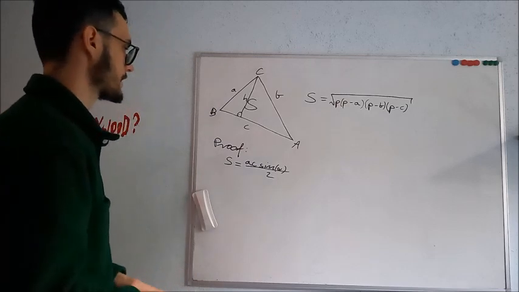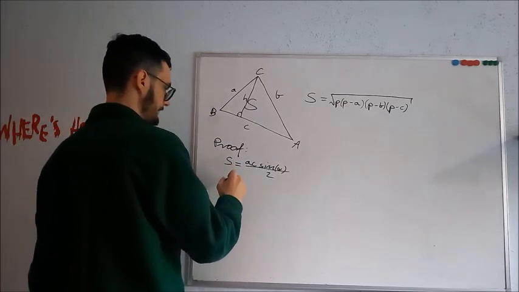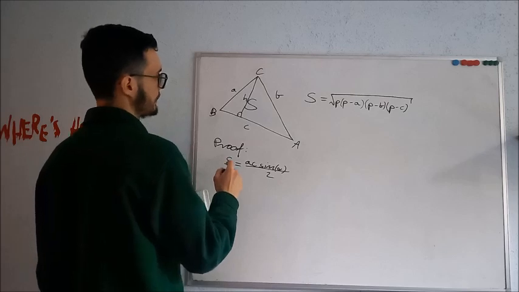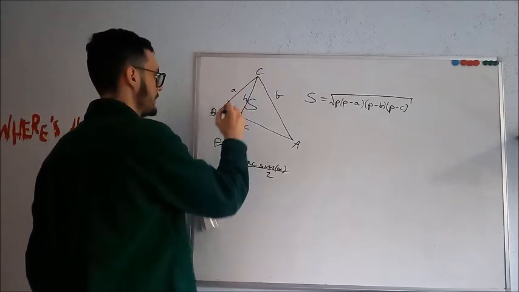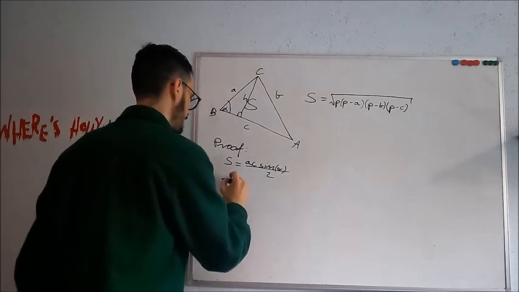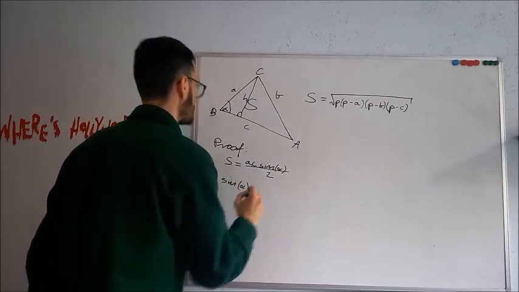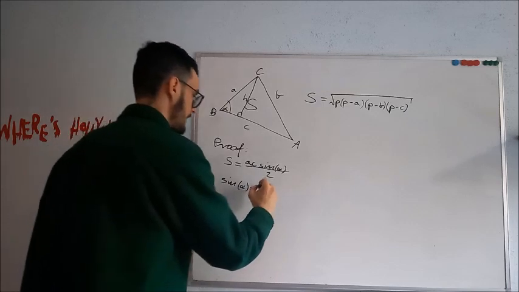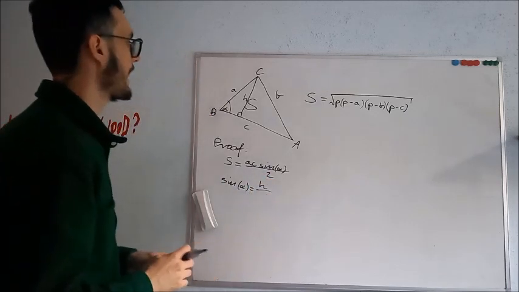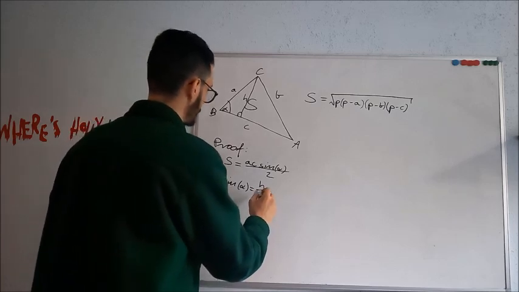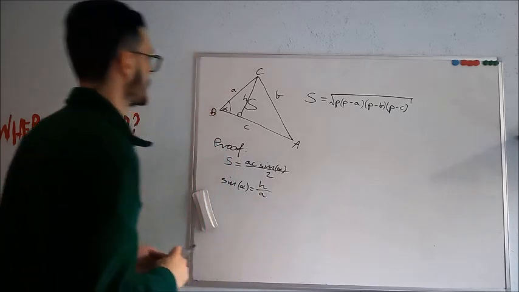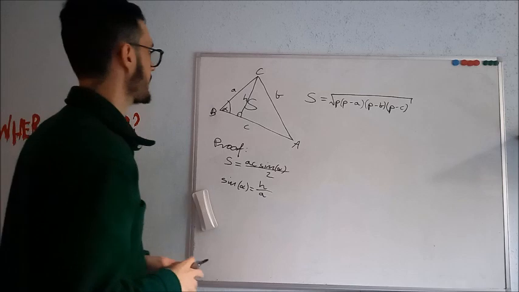Okay, so first thing first, we can notice that sine of angle alpha is nothing but h, which is the height of our triangle, over a, which is the side length of the triangle ABC.